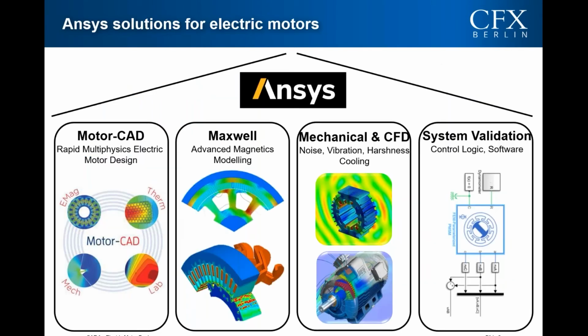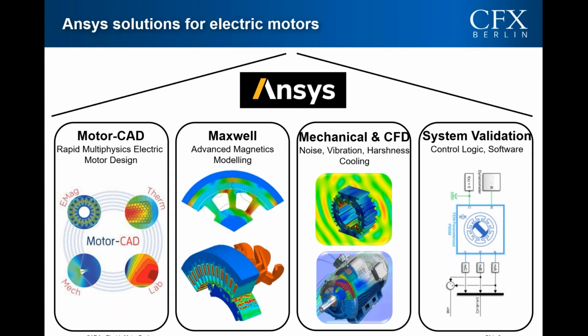You probably know ANSYS as a provider for structural analysis tools. And indeed, this is how ANSYS started in the 1970s. These days, ANSYS offers engineering software for a wide range of applications. And electric motor design is one of those applications.